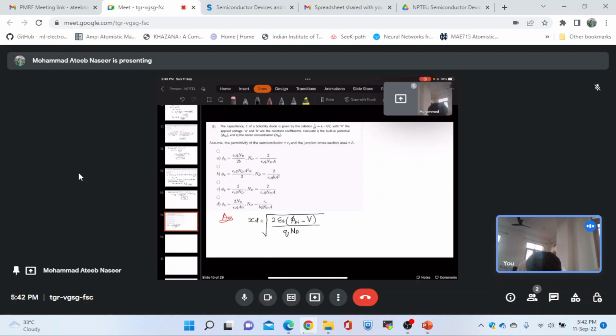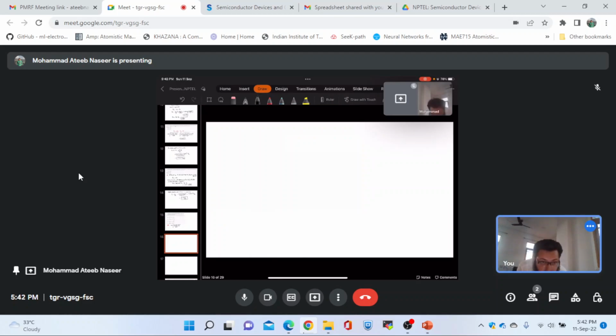So this junction capacitance is given by Cj is given by epsilon s A by xt. So it will simply mean epsilon s A by xt is the depletion width 2 times epsilon s phi bi minus V. This will be under square root, and the Q and D will now come in the numerator.